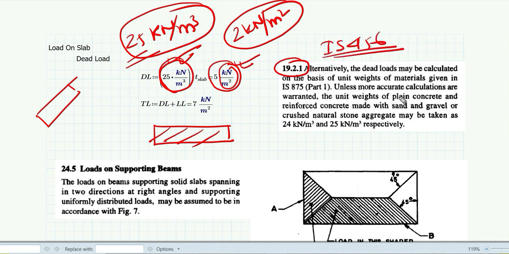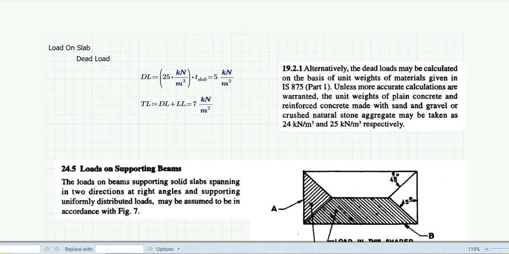This clause says the dead loads may be calculated on the basis of unit weights of materials given in IS 875. But if more accurate values are not available, you can assume it. For plain concrete, for PCC it is 24, and for RCC it is 25. As all our structures are mainly RCC, we are assuming the unit weight of RCC as 25 kilonewton per meter cube.